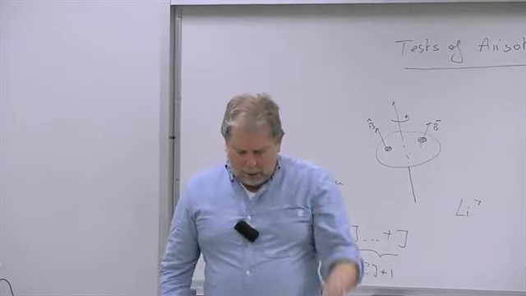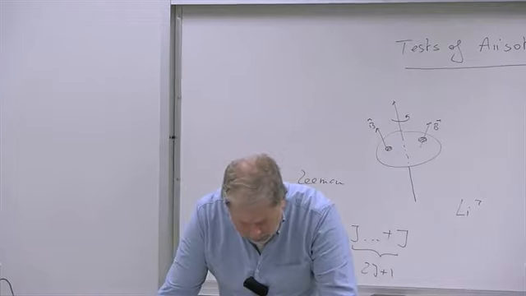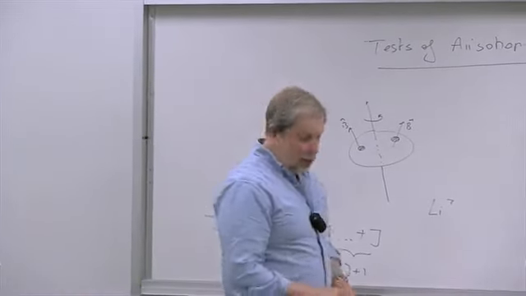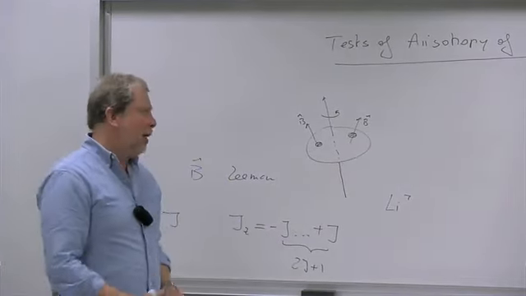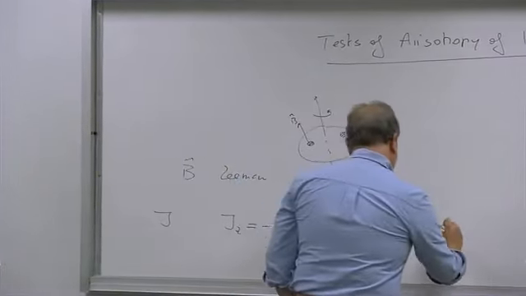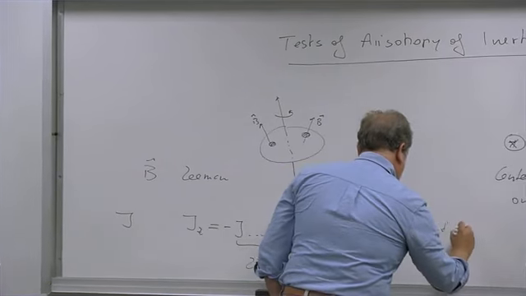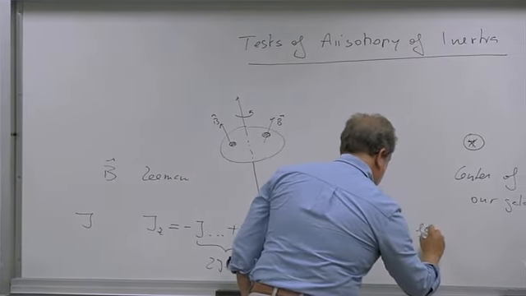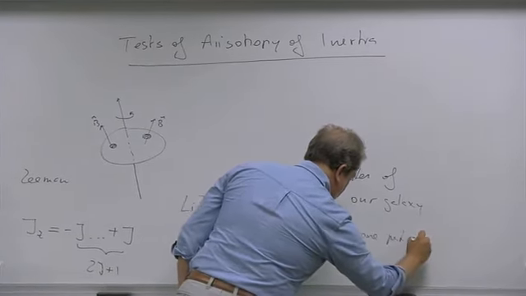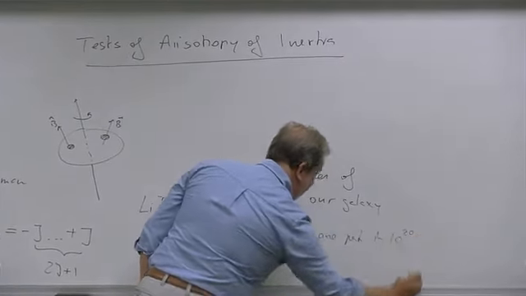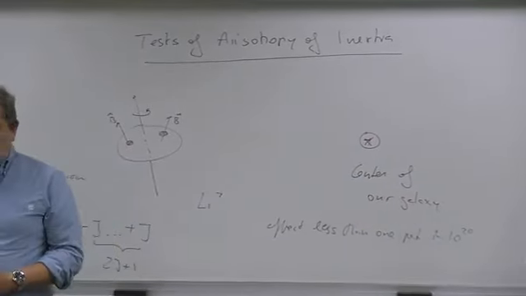And well, what they found was nothing. They found that the effect was less than 1 part in 10 to the 20, and in fact this was in the early 60s.